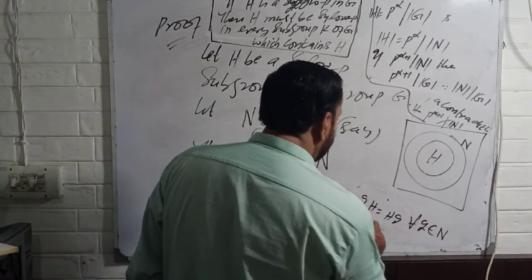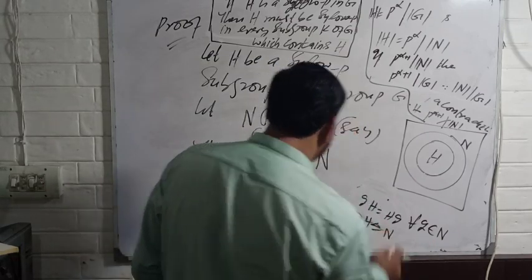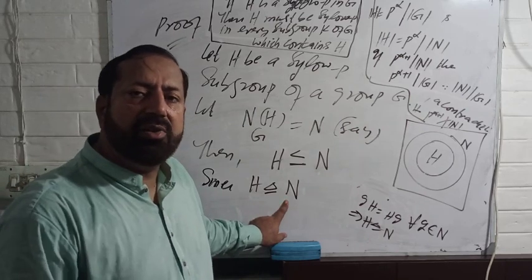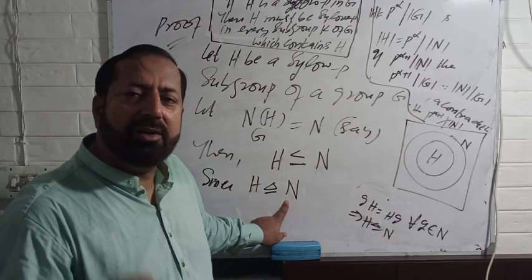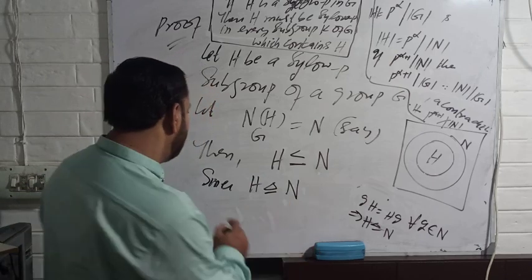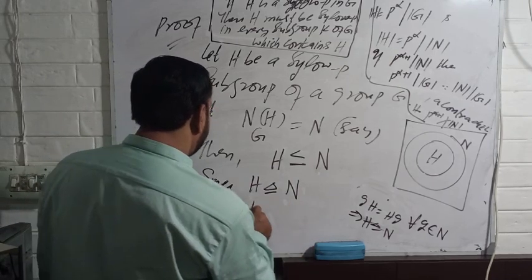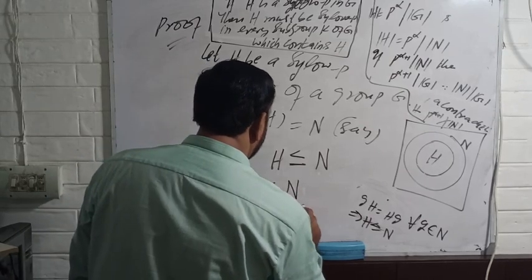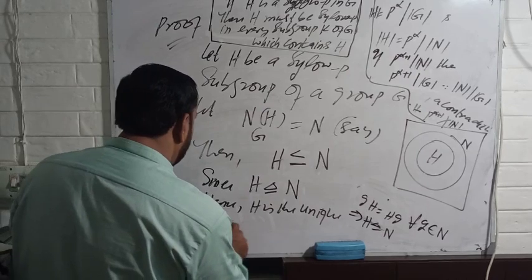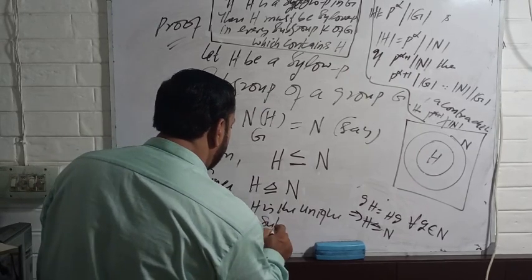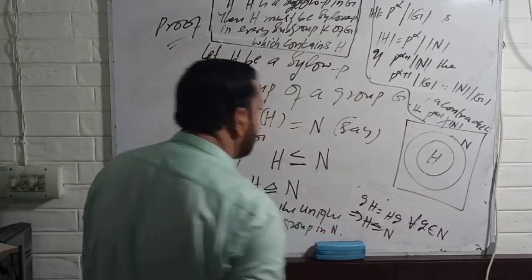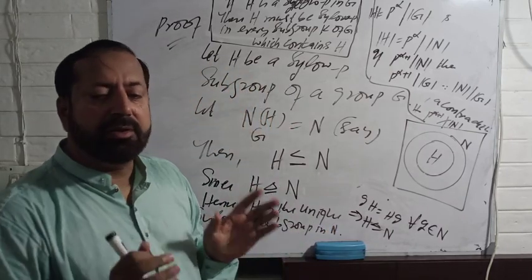That's why you can say that H is normal in N. Since H is normal in N, by the last corollary, H is the unique Sylow P subgroup in N. Hence, H is the unique Sylow P subgroup in N.